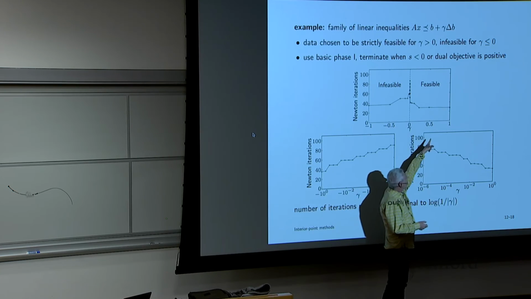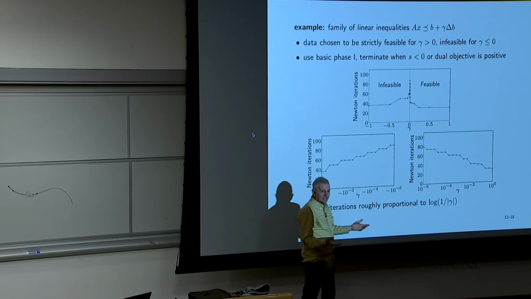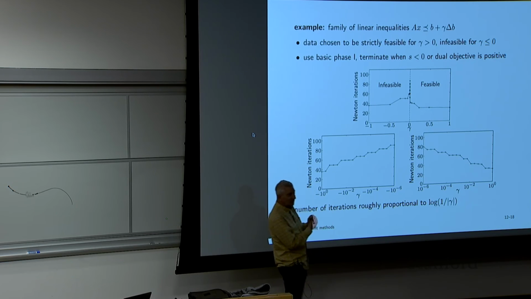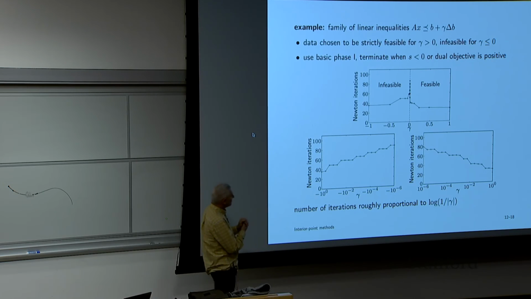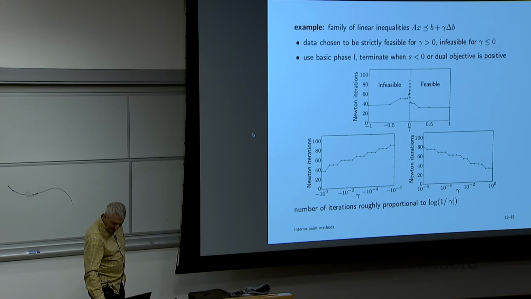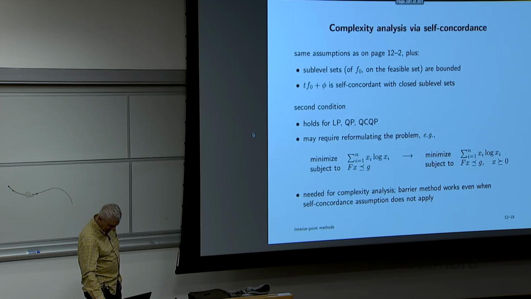Over here on the right, the polyhedron is so big, it doesn't take very long to find a feasible point. And the only time this increases is when you get right between the boundary of what's feasible and not feasible, right? So that's where it goes up like that. That's what it looks like. So, okay. So that's a picture of that.